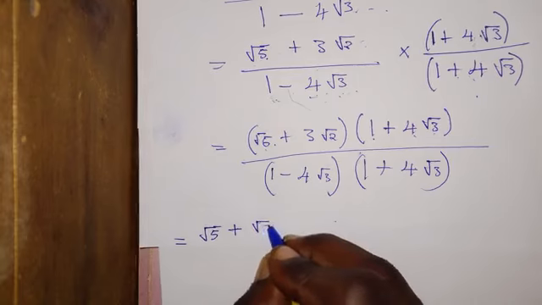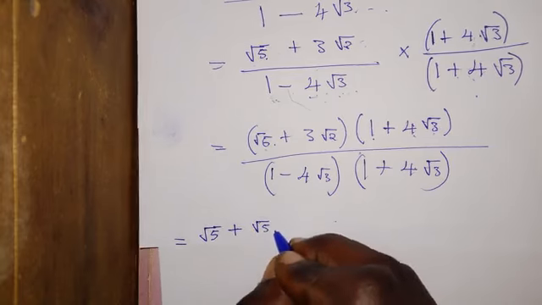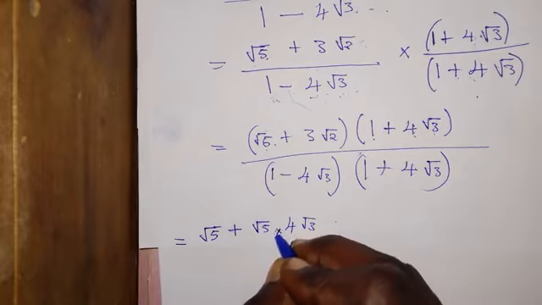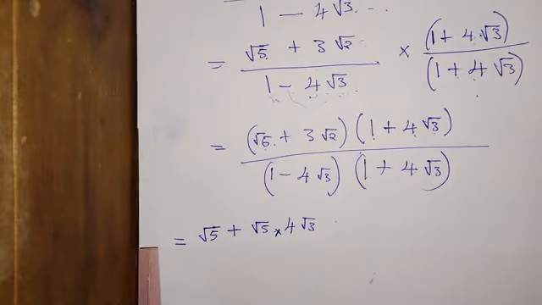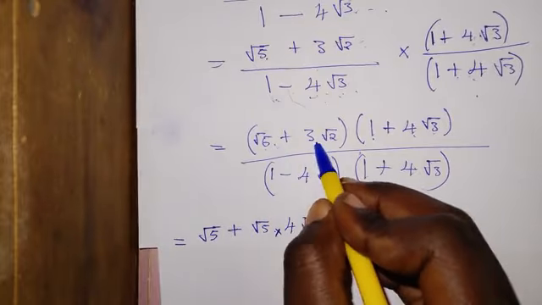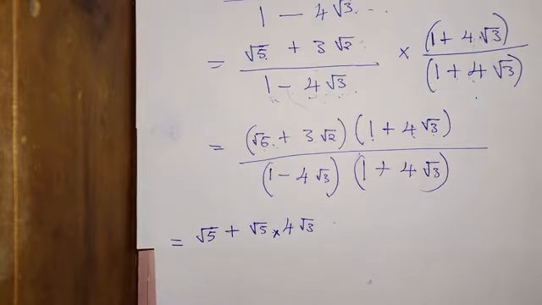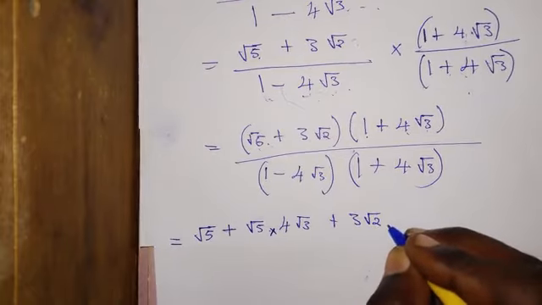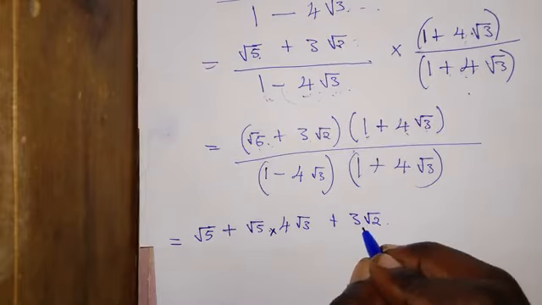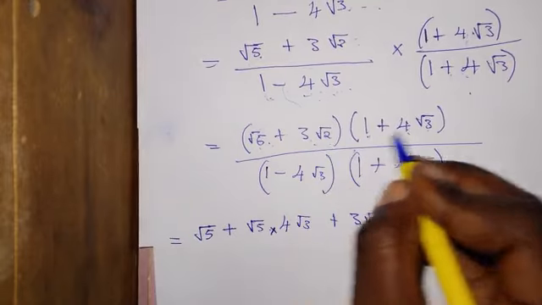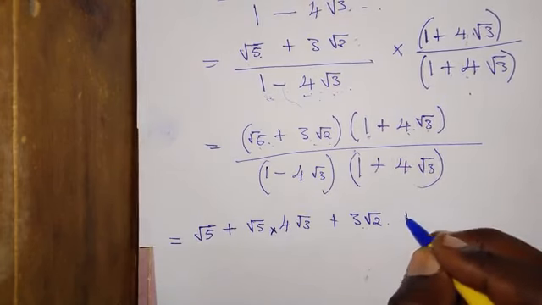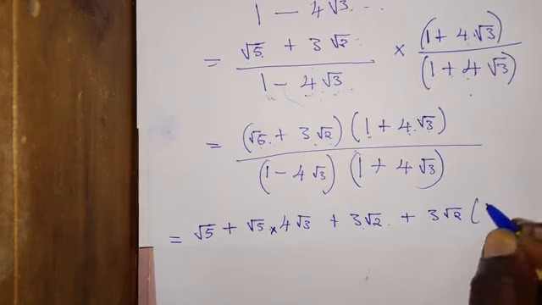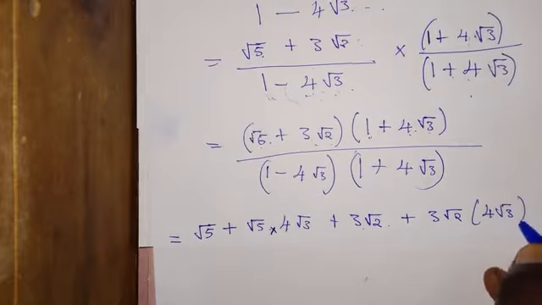Then 3 root 2: plus 3 root 2 multiplied by 1, I'm going to have the same 3 root 2. 3 root 2 multiplied by this guy, I'm going to have positive 3 root 2 multiplied by 4 root 3.